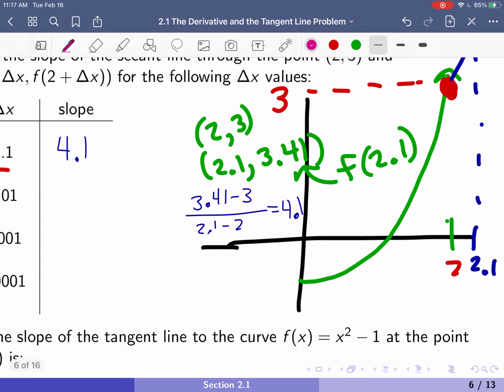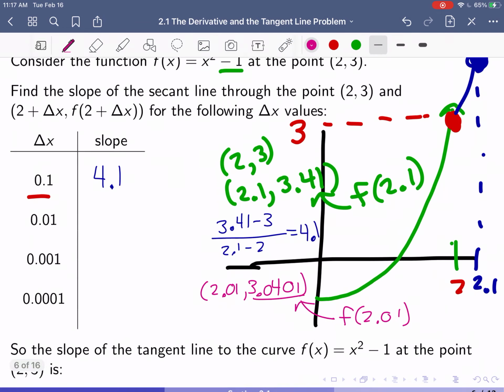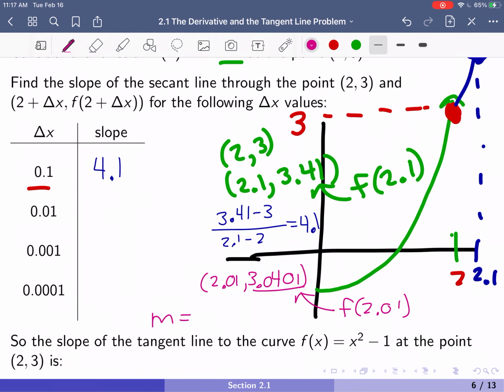Now if we take that delta x to be a little bit smaller, let's say delta x is 0.01, so x is 2.01. The function value at 2.01 is 3.0401. That's what we would get if we plugged 2.01 into that original function f of x equals x squared minus 1. We're just finding the slope between that point and 2 comma 3.